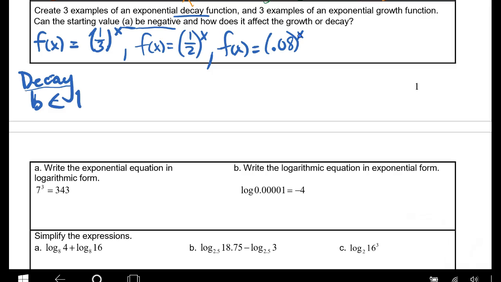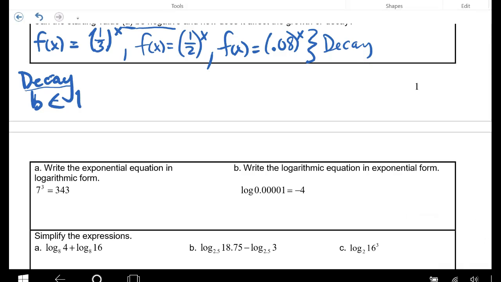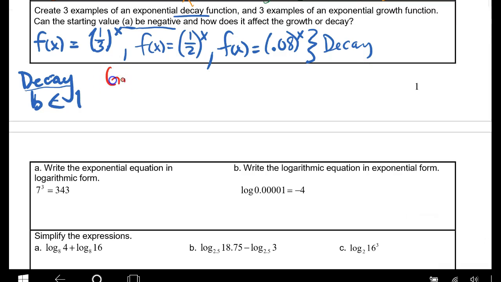Okay? And then we want 3 examples that are growth. So again, these are all decay. And let's choose a different color for growth. And so for growth, we want our b value to be the opposite, greater than 1. So f of x for the first one, let's just say 2 to the x.